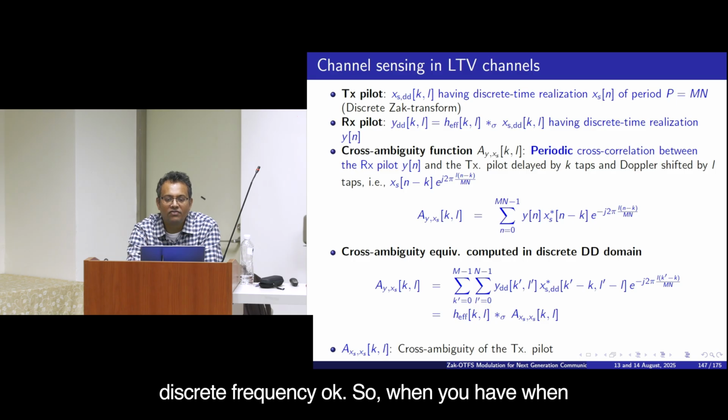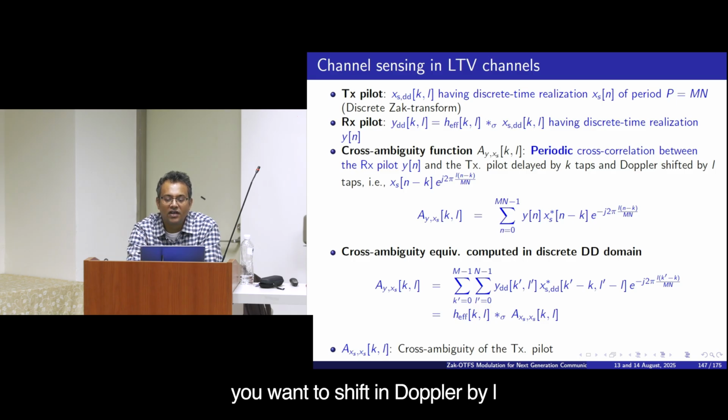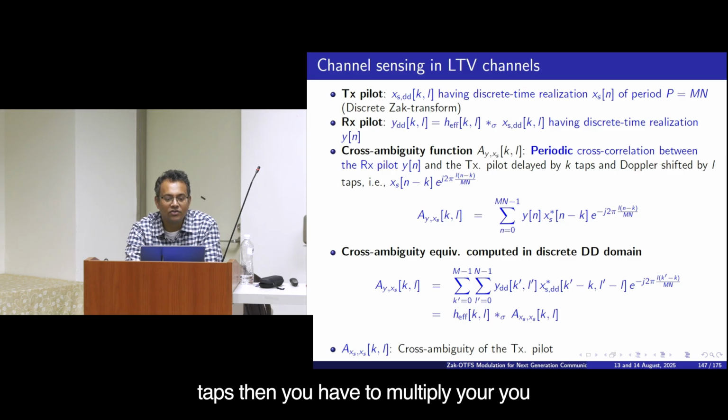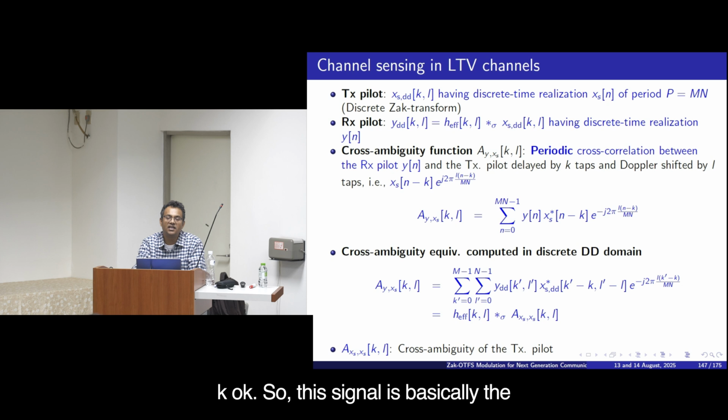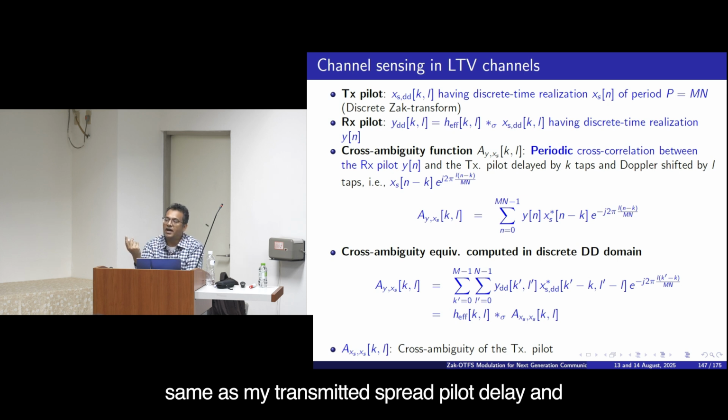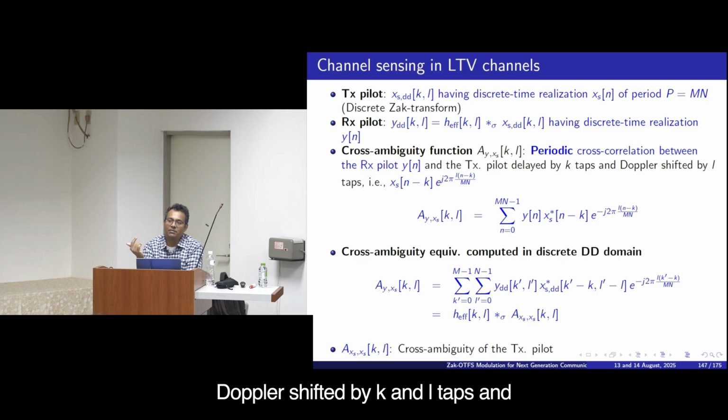So when you want to shift in Doppler by L taps, you delay it by k, and then you see the L here, L by MN, so L by MN times (n minus k). So this signal is basically the same as my transmitted spread pilot, delay and Doppler shifted by k and L taps.